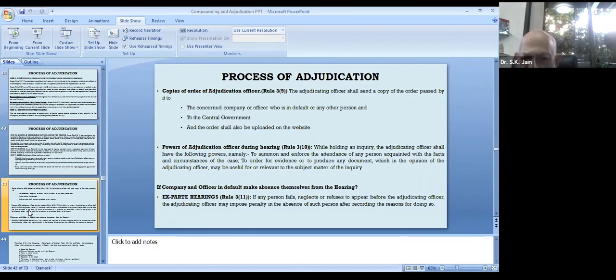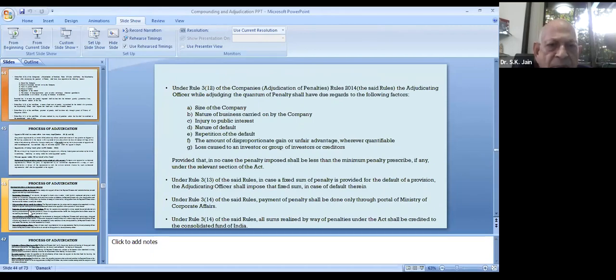He can record evidence. He can force that person to produce any document which in the opinion of the adjudicating officer may be useful or relevant for adjudication of the matter. Now, if the company and officer in default absents himself from the hearing, then an ex parte hearing can be made and the order can be passed.